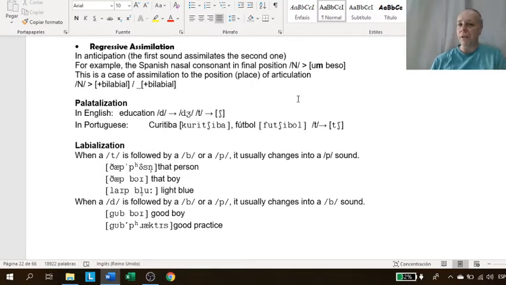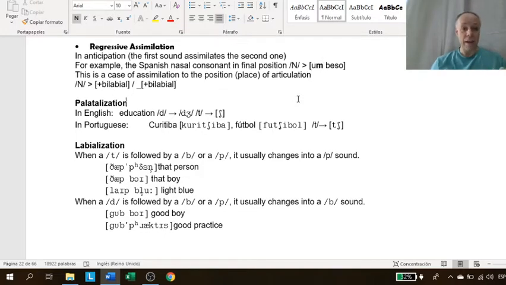Regressive means going back, because the strong sound forces the weak sound, so it goes that way. Let's look at this example of "un beso" that we studied in allophonic variations, called bilabial assimilation. You need to remember it because it will be in the exam.